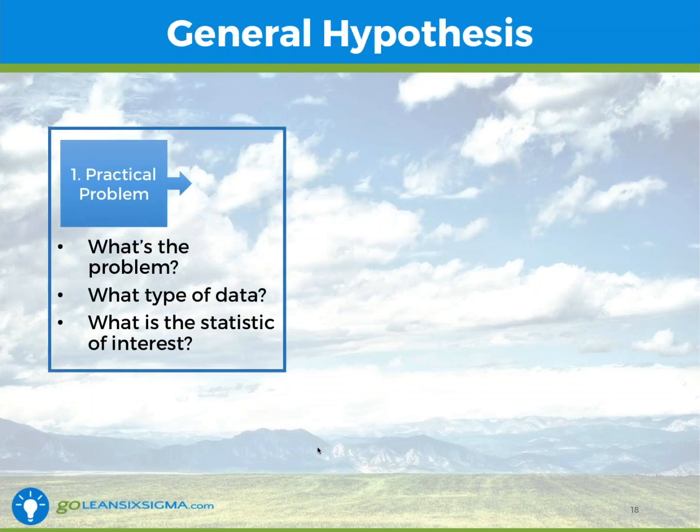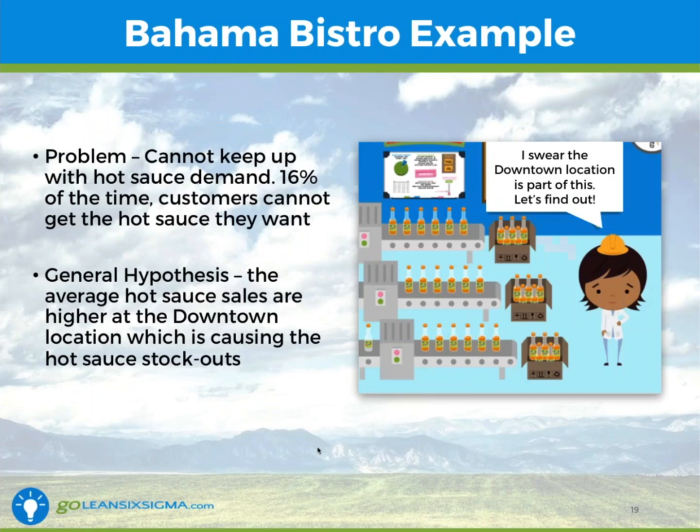So now we have our general hypothesis. We want to know what's the problem, what type of data are we looking at, and then a statistic refers to the measure. So that could be average or the median or standard deviation, right? There's a few measurements we can look at, but we start with stating what we're trying to figure out. So let's go back to the Bahama Bistro.